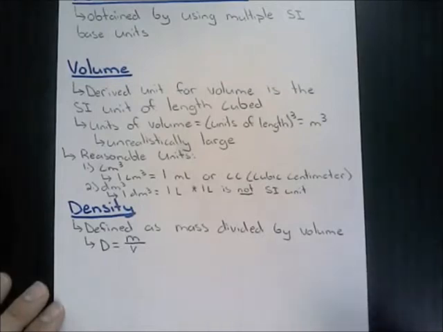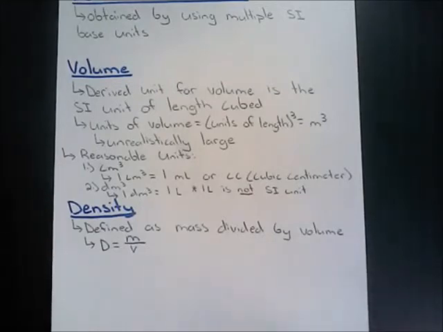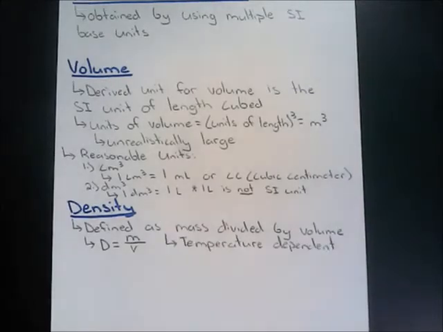One thing to note here is that this property of density is temperature dependent. The unique thing about being temperature dependent, think about volume. What happens as you start to heat up water on the stove? Well, over time, it's going to start to evaporate, and so that means the volume of that liquid is going to slightly change, which is going to affect that particular density.